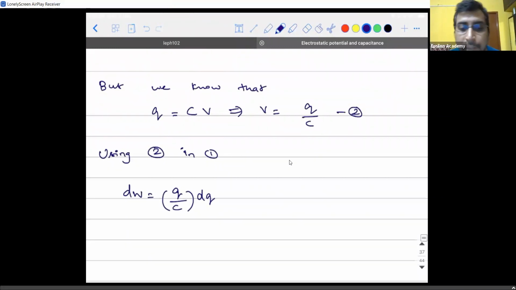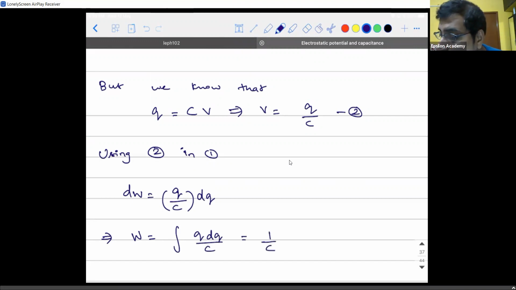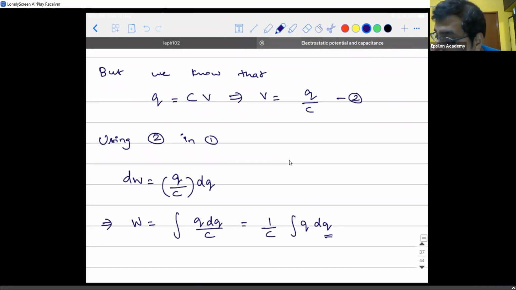So Q divided by C into dQ, which implies W is equal to, can I write it as the integral of Q into dQ divided by C? So this will be 1 divided by C into the integral of Q into dQ. Now the question is, for you to calculate the total work done, what is the variable here? The variable is charge. So how much was the initial charge present on the device?